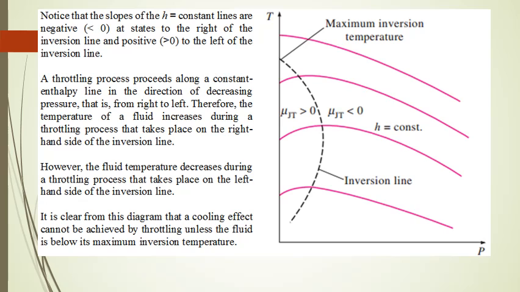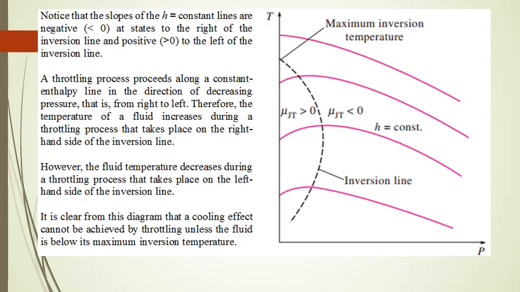Now one can notice that the slopes of constant enthalpy lines are negative at states to the right of the inversion line and positive to the left of the inversion line. The throttling process proceeds along a constant enthalpy line in the direction of decreasing pressure, that is, from right to left. Therefore, the temperature of a fluid increases during a throttling process that takes place on the right hand side of the inversion line.